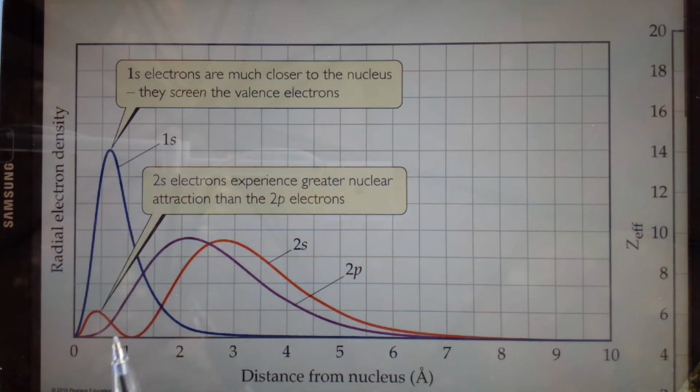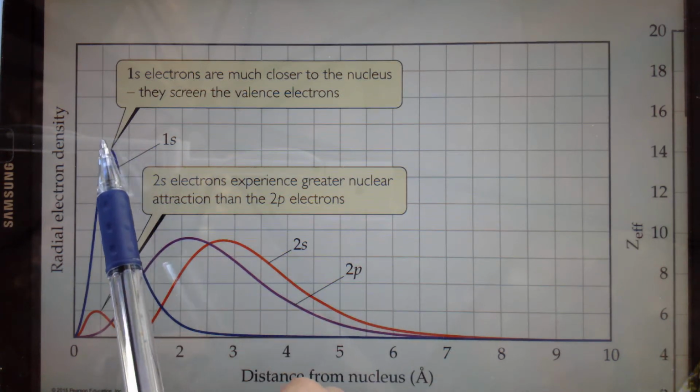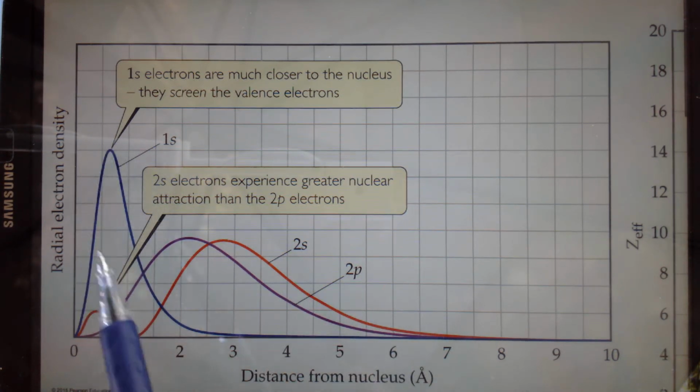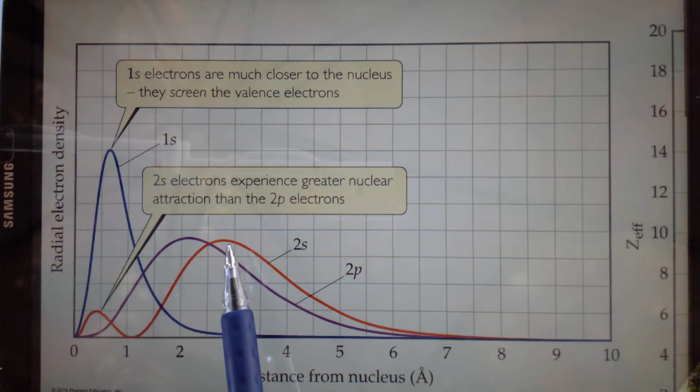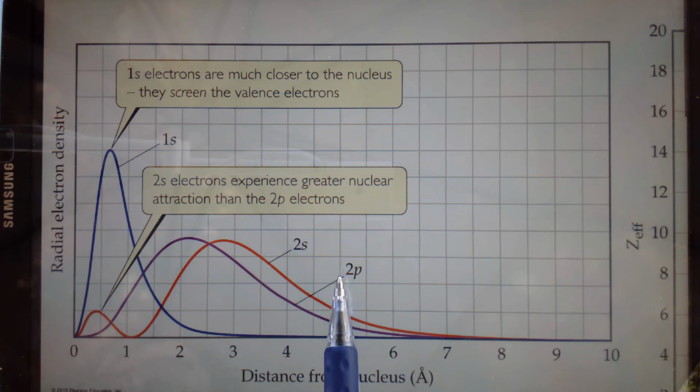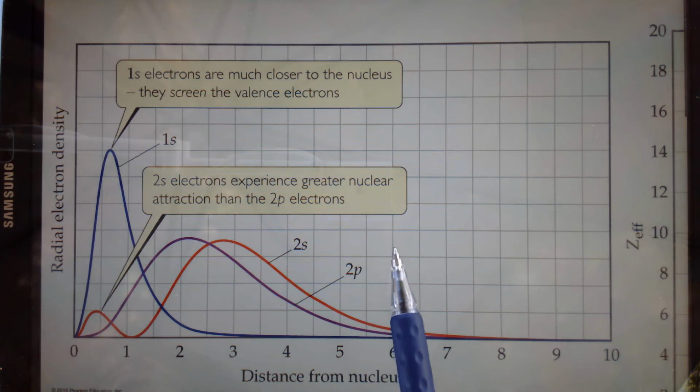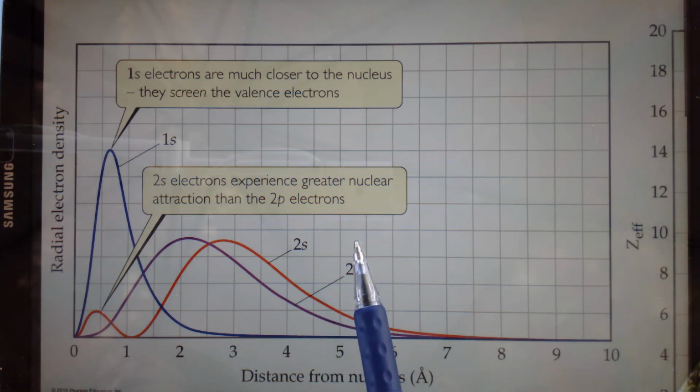So the take home from this is that lower shell electrons are going to screen much better. If we were to put the 3s and 3p electrons in here, we would see our 3s having the bump, and then our 3p would have a most probable radius probably way out here, peaking around 5 or so.